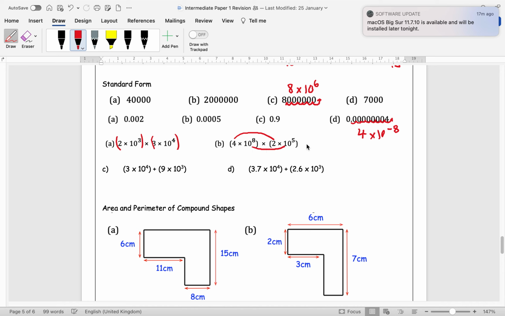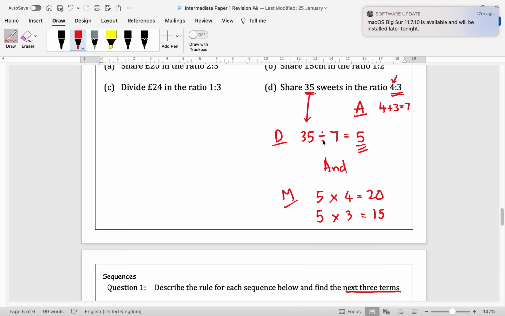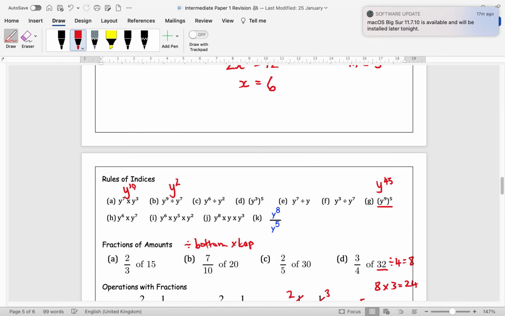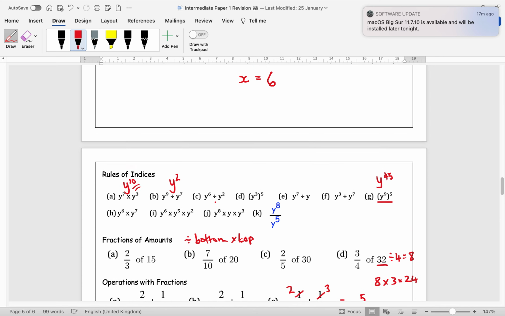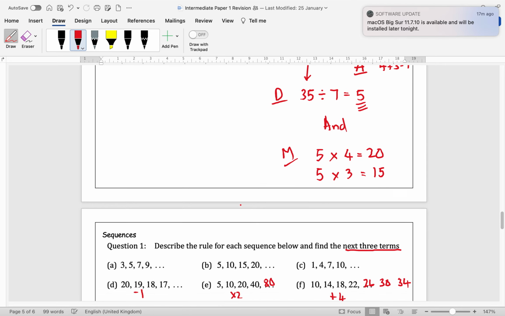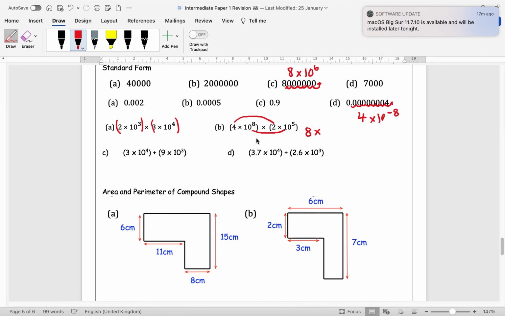So let's start with the numbers. 4 times 2, which is 8, and then times 10 to the power 8 times 10 to the power 5 is a little bit like this here, because we're timesing the same thing. And when we times the same thing, then the number 10 doesn't change, but we add the little numbers to make 13. So that's how you multiply bits of standard form. Multiply the numbers and then write times 10 and add the little numbers.